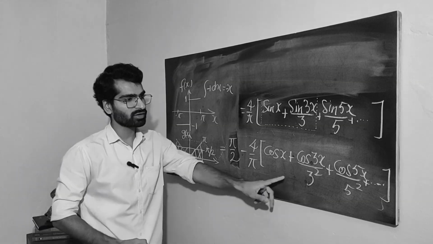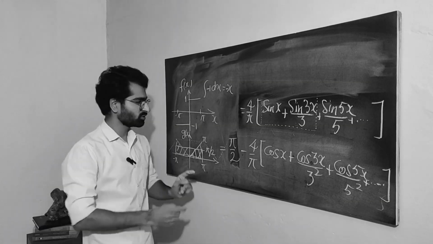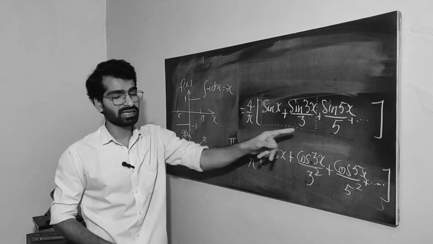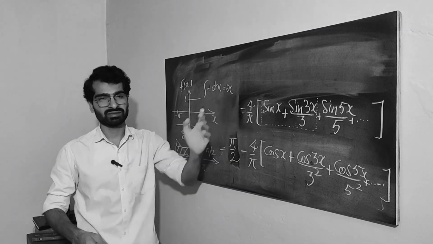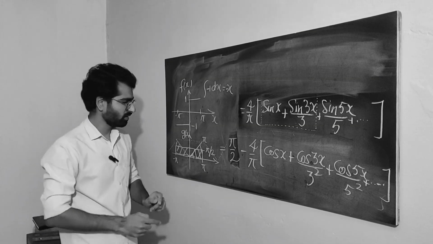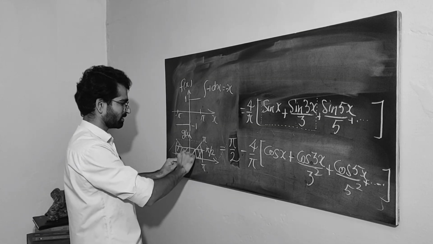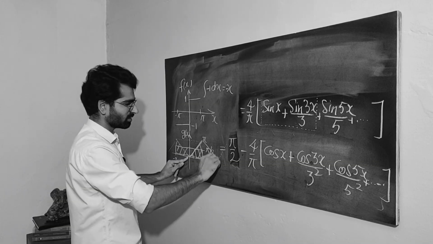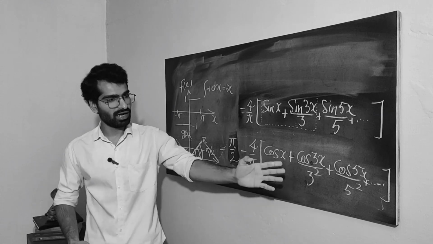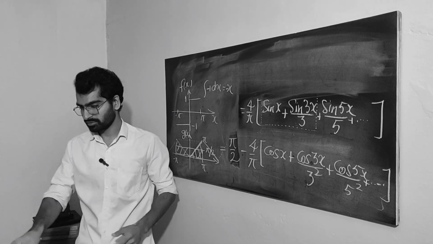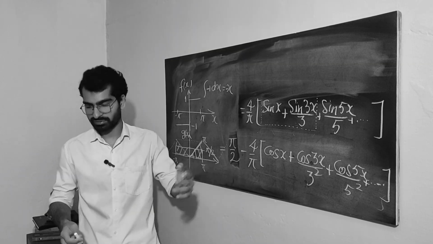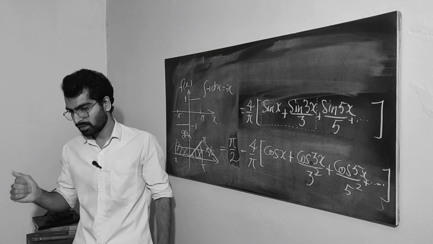It means you don't have to keep many terms to create this function, whereas here you will need many of the terms. It's because you have a discontinuity here, it's a jump function, whereas this goes smoothly. So it's easier to make a smooth function out of these harmonics with a little bit of terms. We don't have to keep many terms.